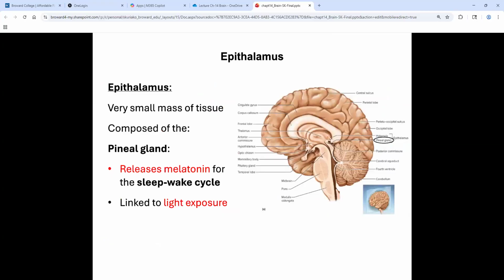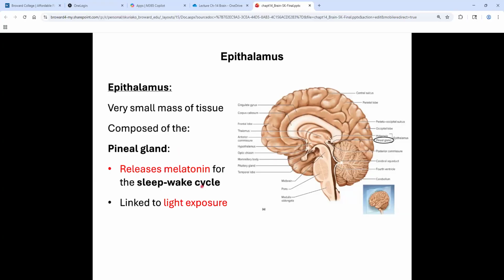Epithalamus. This is the epithalamus. It's above the thalamus. Epi means above, right? It's a very small area, but it has got a gland known as the pineal gland. And the pineal gland is also associated with production of melanin.